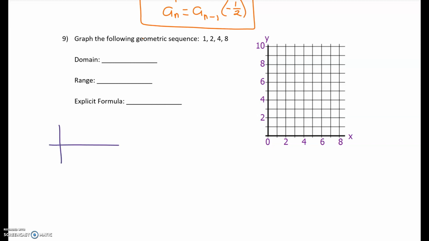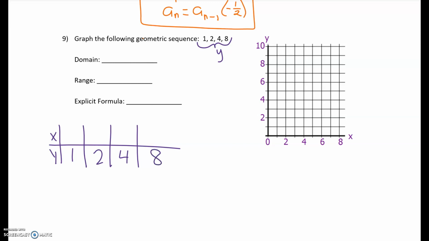If we make ourselves an XY table, these numbers here that give me my sequence are our outputs, these are our y's. So I can fill this in. My y is 1, then 2, then 4, and then 8.